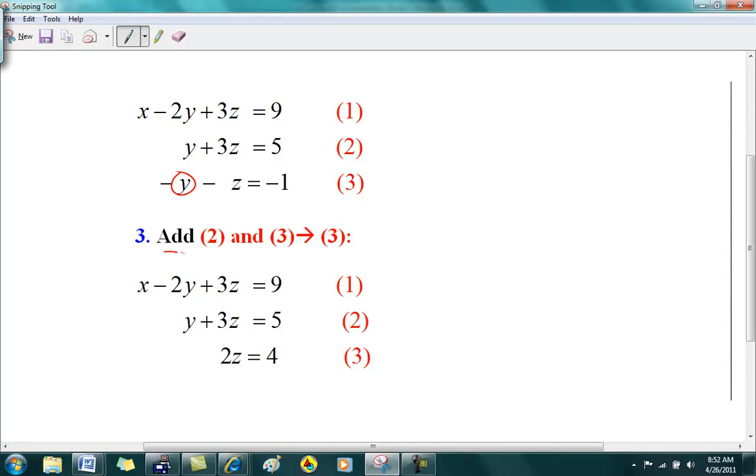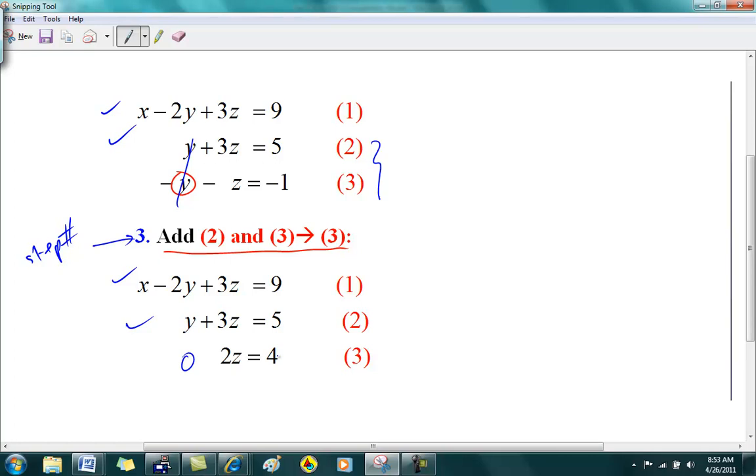And this is what I do. Here is my step number. And so since I'm replacing equation 3, equations 1 and 2 should be unchanged. And you can see that that's true. If I follow this operation, which is adding these two, I can see that this will cancel to give me a 0 here effectively. This is going to give me a 2z. This is going to give me a 4.